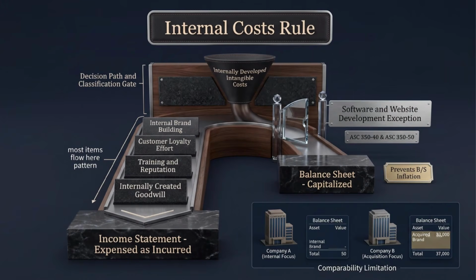For internally generated intangible value, US GAAP is conservative. Most internal costs to develop, maintain, or restore intangible value are expensed as incurred. Internal brand building is expensed. Customer loyalty efforts are generally expensed. Training and reputation are not separable assets.